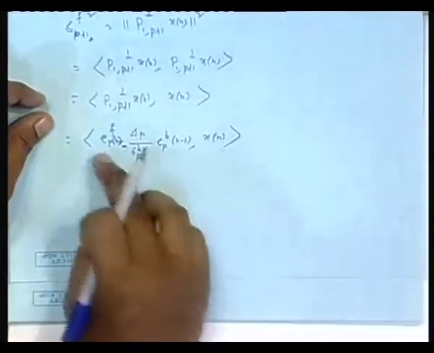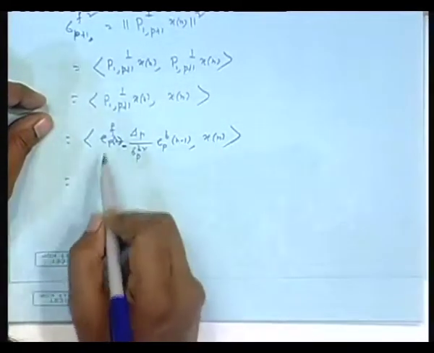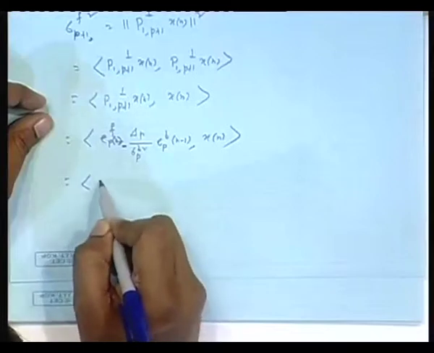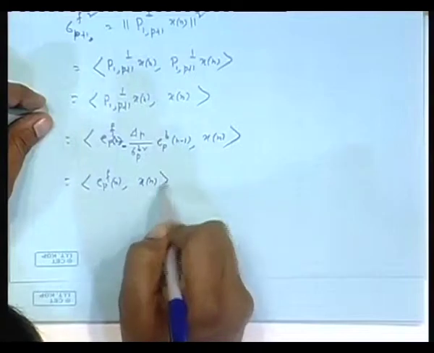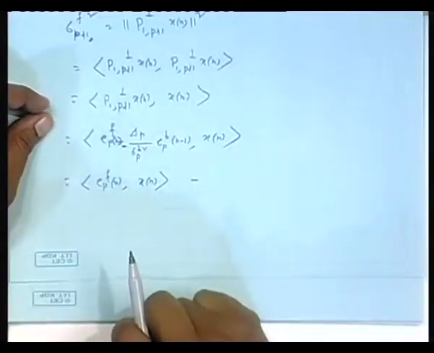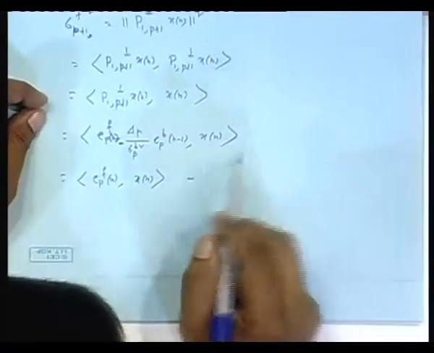And now, inner product with this and inner product with the rest. First one again E p f n comma x n, minus something, I am coming to that, minus what?